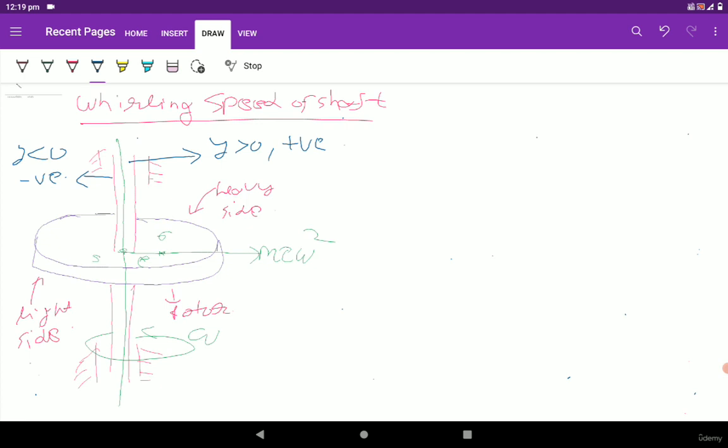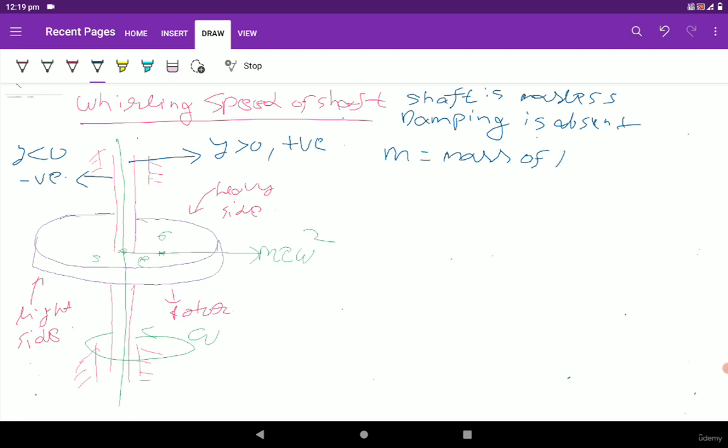So here the shaft is massless and damping is absent. There is no damping in this case, and m is equal to the mass of the rotor, e is equal to the eccentricity of the rotor.